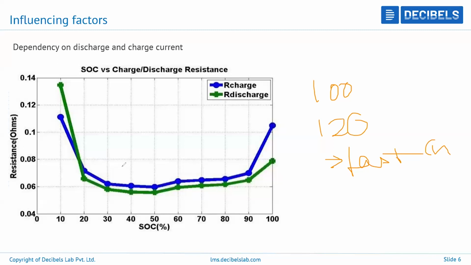Because of that, the battery can degrade faster. So in order to prevent that from happening, they say to use fast charging optimally, about once every 100 cycles. Yeah. So these are the main factors that can influence the internal resistance.